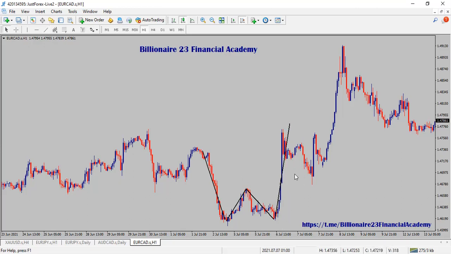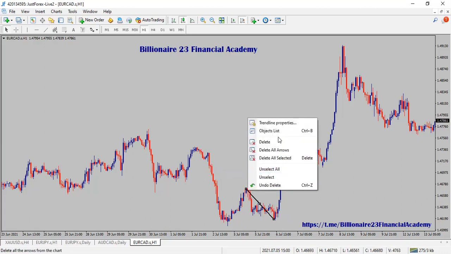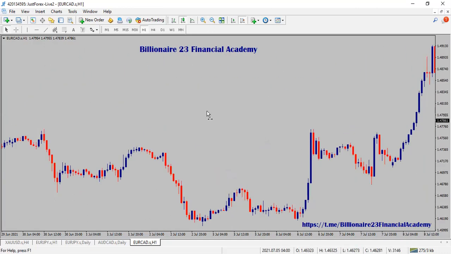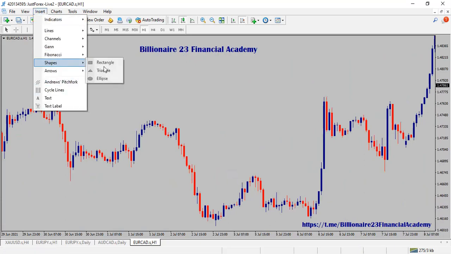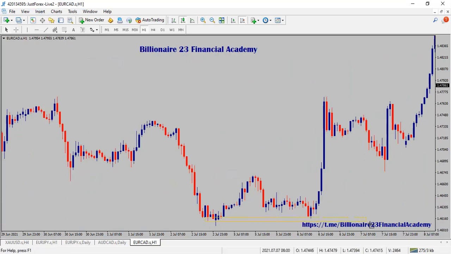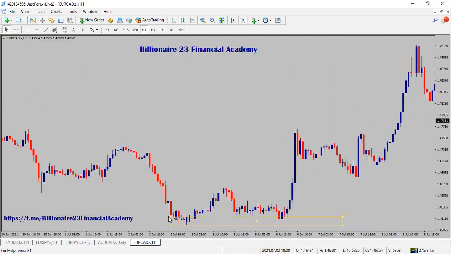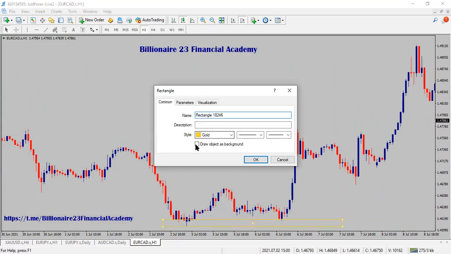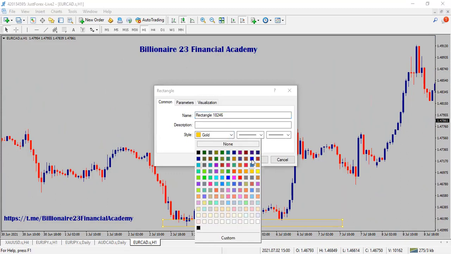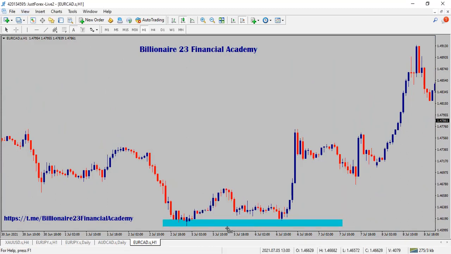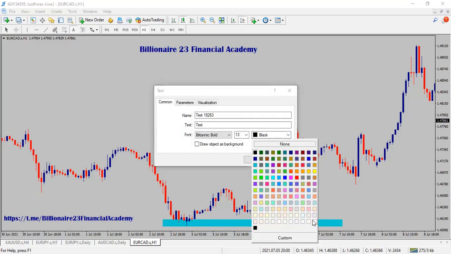An early reversal signal. It's riskier, but it works if you're willing to manage your risk properly. So let's zoom in there. This area here would be regarded as a double bottom. This would be a double bottom.